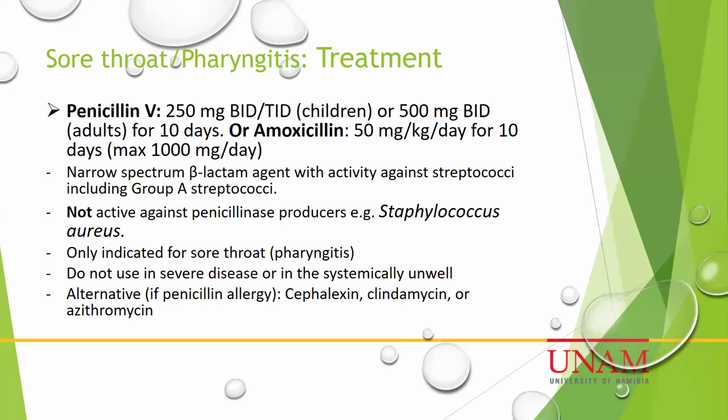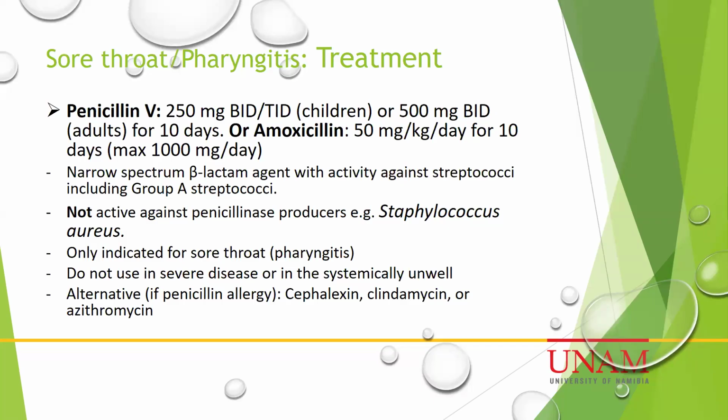So treatment, empirically, penicillin V, all right, at 250 milligram BID or TID in children or 500 milligram BID for adults, for 10 days. Penicillin is a narrow spectrum beta-lactam agent that has activity against streptococci, including group A, all right? But it's not active against penicillinase producers, for instance, Staph aureus, which may cause complicated lower respiratory tract infection.